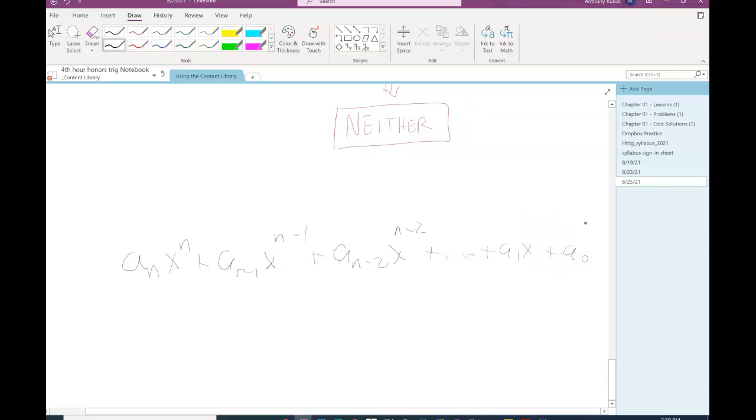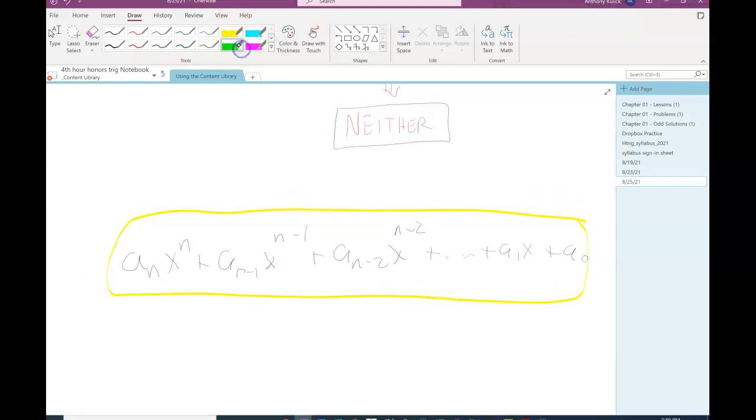This is like a general form for a polynomial. If I look at the polynomial as a whole, the degree of the entire polynomial is the biggest exponent, or the sum of the exponents.